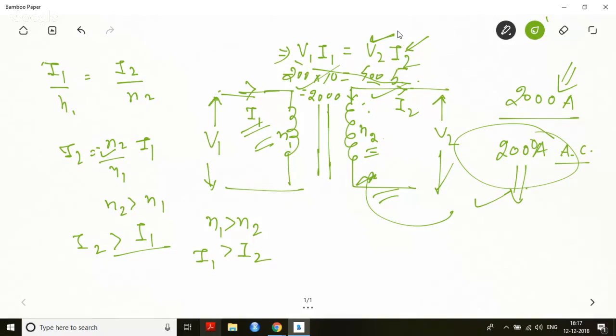No, it's not 2 into 10 to the power minus 7. Perhaps you have not converted centimeter into meter. Just convert, Param, just convert centimeter into meter.